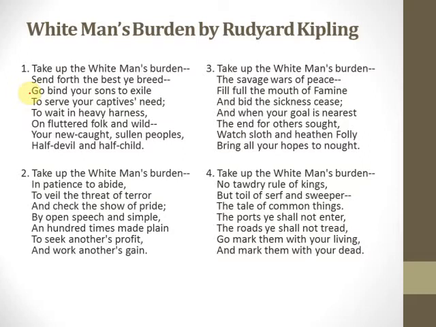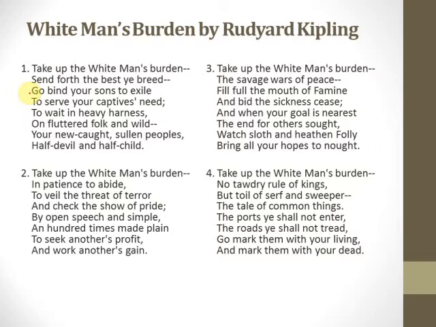This poem is suggesting that not only should we take over all these other countries, not only can we take over these other countries, but it is our responsibility to take over those other countries and to show them how their ways of living for the last 1,000 years has been completely and utterly wrong. And it's going to hurt us, and it's going to be hard, but it is our responsibility to tell you, hey, you're wrong.